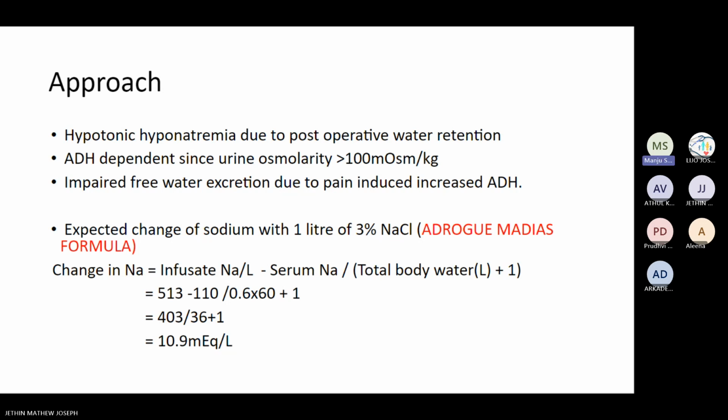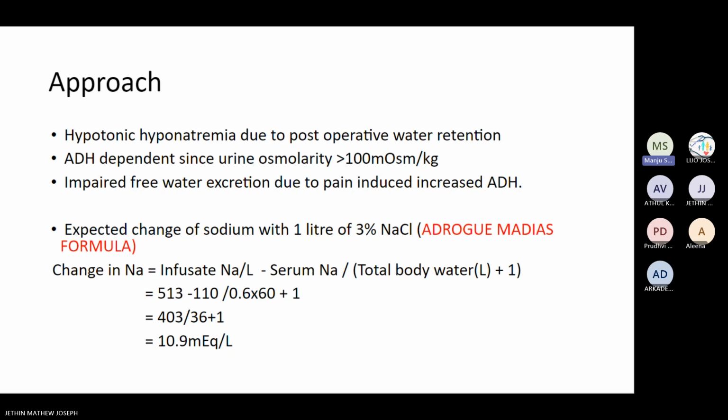Now, just highlighting this Adrogue-Madias formula, majority of the textbooks will say a lot about this formula. But right now, when we manage, like Jatin explained, we don't use this formula very commonly. But still, it serves as a rough guide to know how much correction we can expect from the fluid that we are giving.